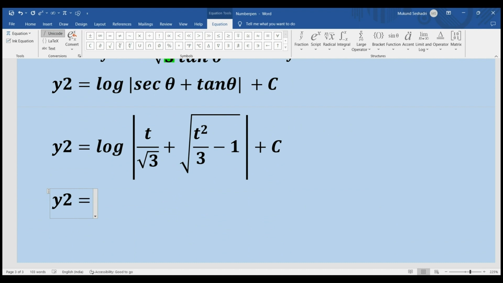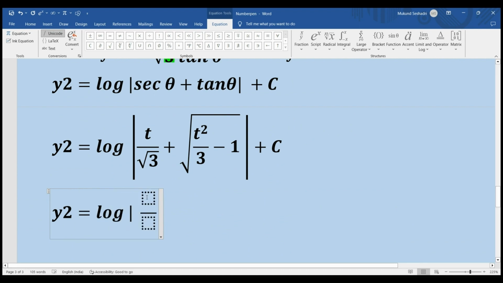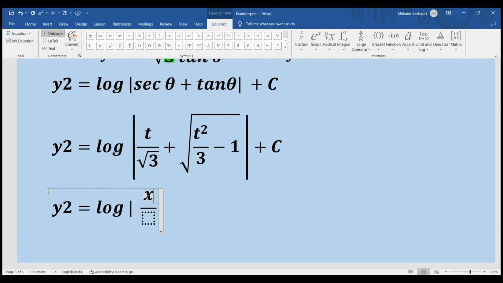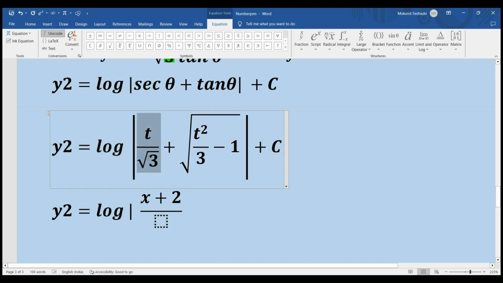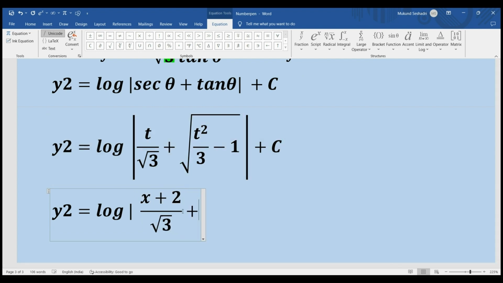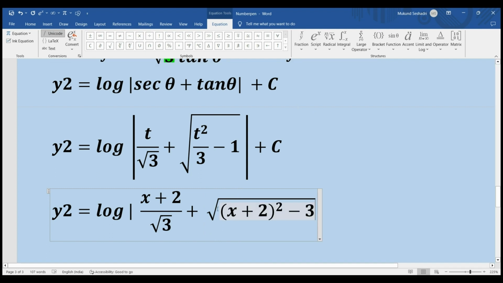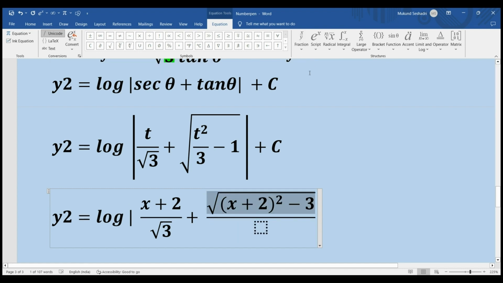So my y2 becomes log of t by root 3, which is nothing but x plus 2 divided by root 3. And then I come to my second part, which becomes a square root of t square by 3. Now I'm going to represent it in a slightly different way, and it does not change the expression in any way.